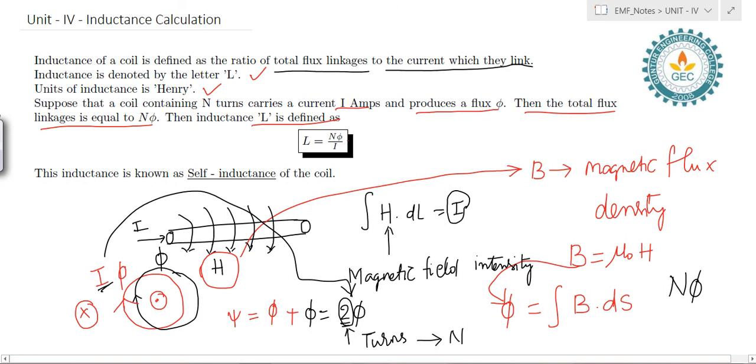So L is equal to N phi by I. In general, this inductance is known as the self-inductance of the coil. This is how we can define the inductance of a coil.